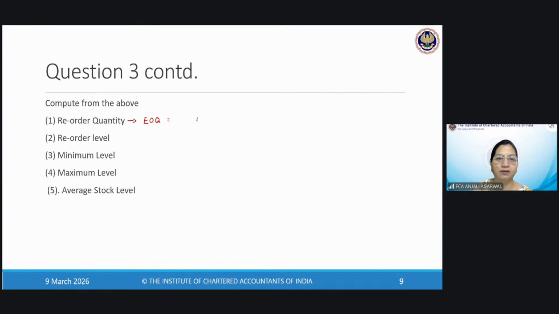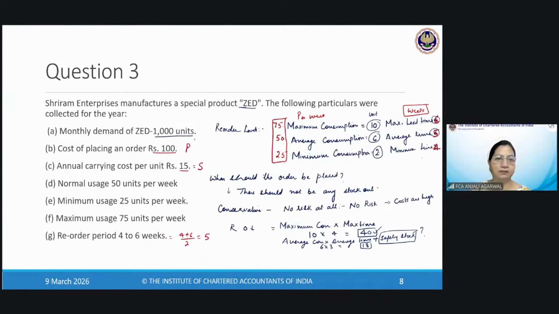For that we need the formula under root 2 into U into P upon S, or 2 into A into O upon C. Now, usage or annual consumption is an issue here. Why? How much is the annual consumption?